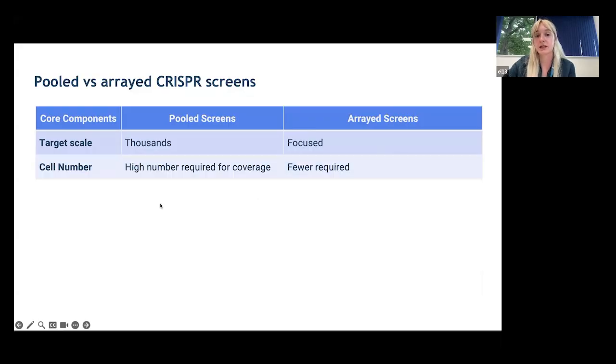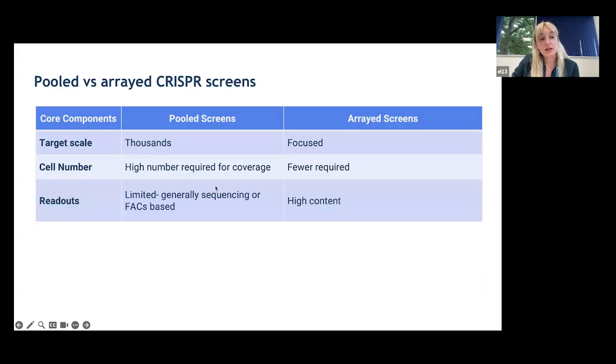Because of this difference in scale, the cell number required for each screen translates directly. So for pooled screens, you will need a high cell number to get sufficient coverage of that large library. Whereas for arrayed screens, because you know a priori which guide you've introduced in each well, you don't need as many cells for the process.